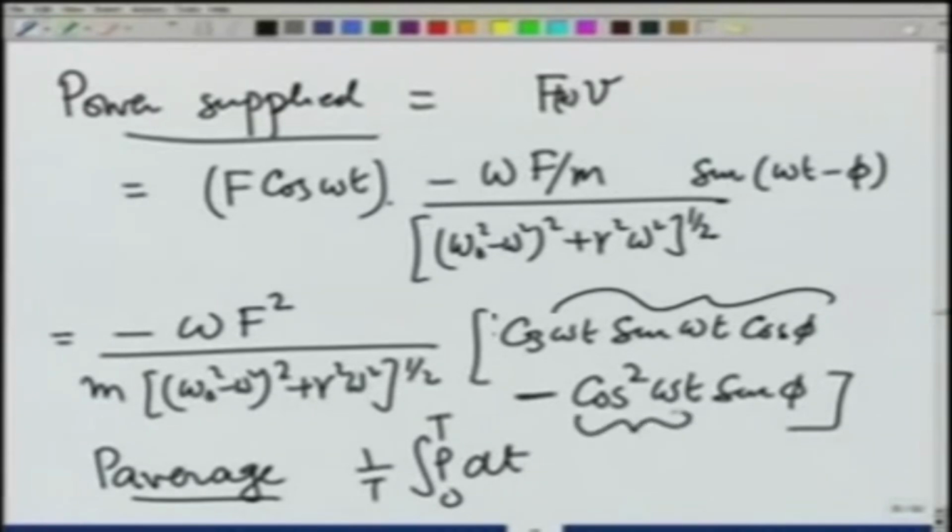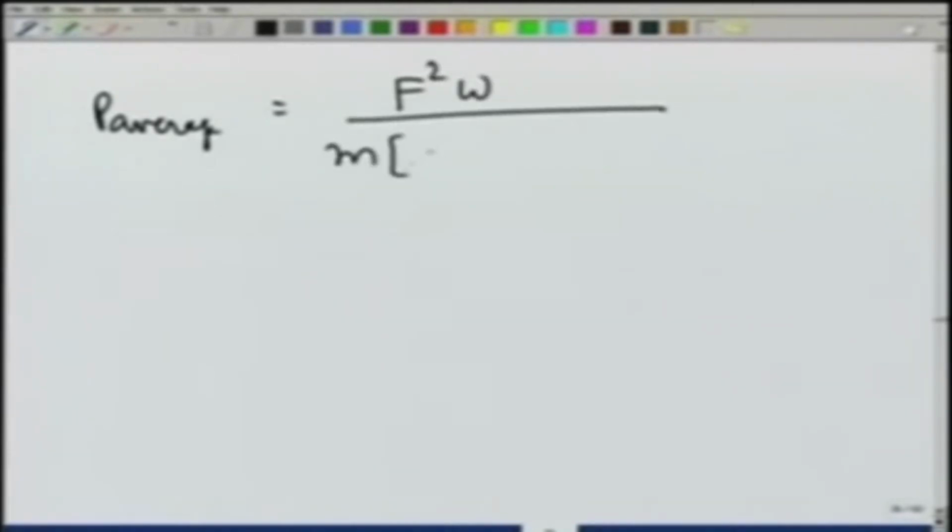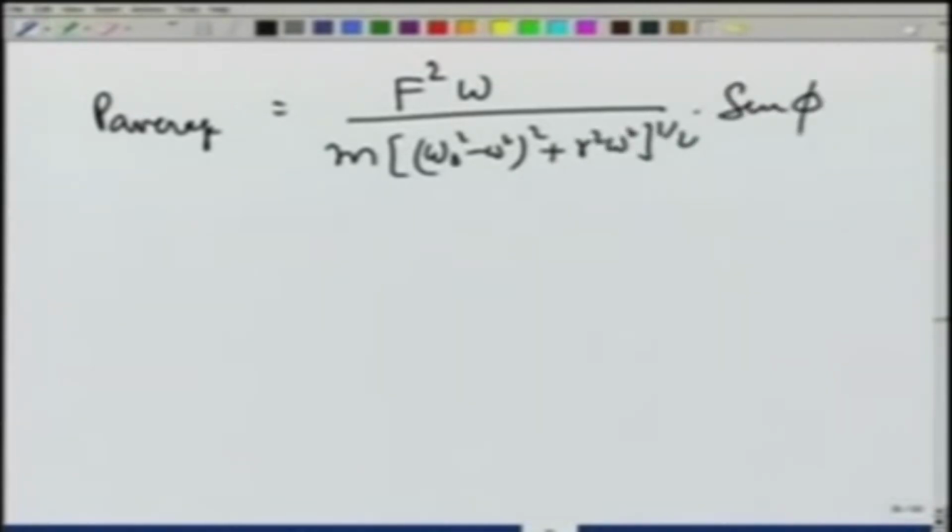Cosine square omega t integrated over a cycle is going to give me 1/2, and this minus sign takes care of this minus sign, and therefore, average power supplied is going to come out to be f square omega over m times omega naught square minus omega square plus gamma square omega square raised to 1/2 sine of phi. Sine of phi, you recall, is gamma omega divided by this quantity.